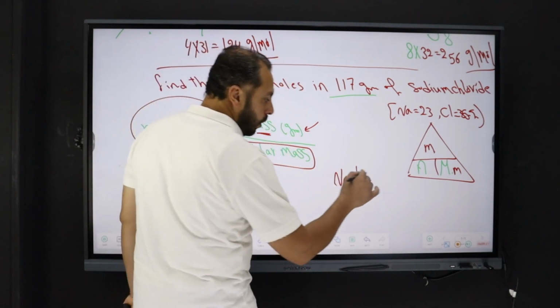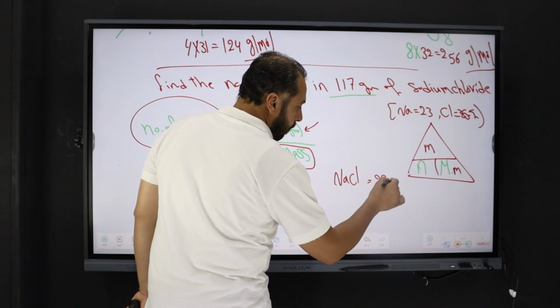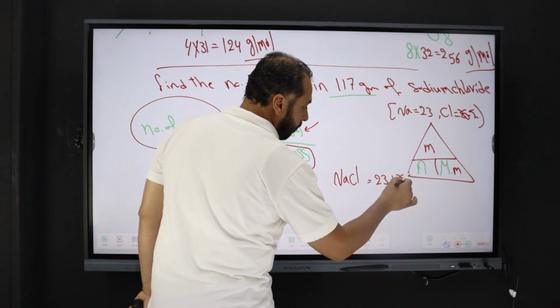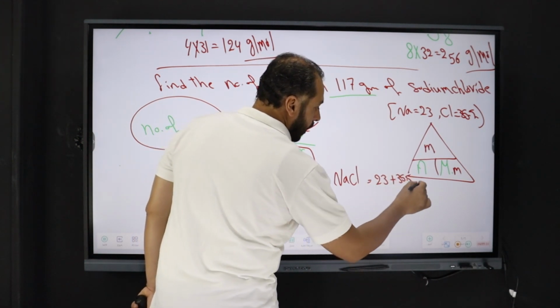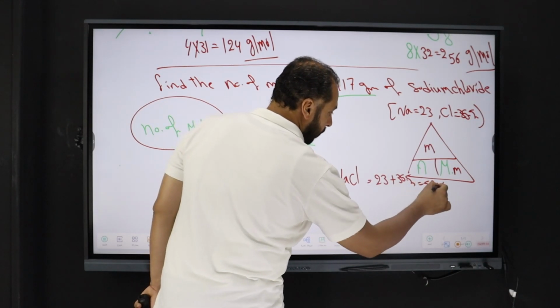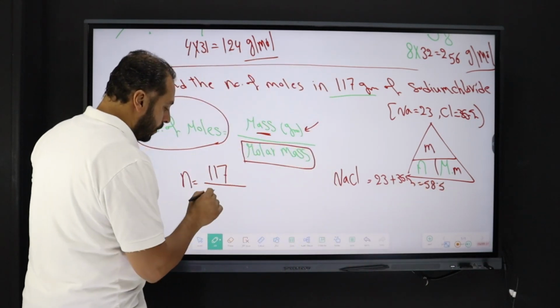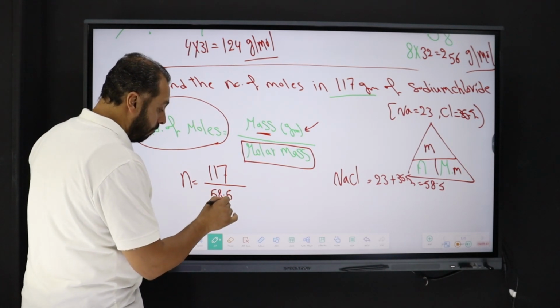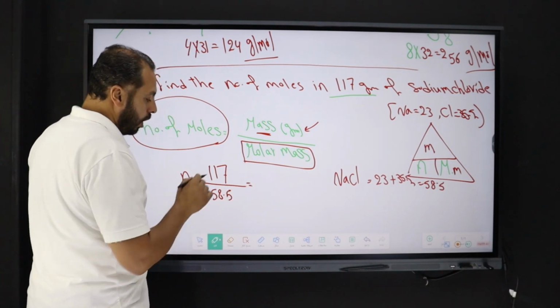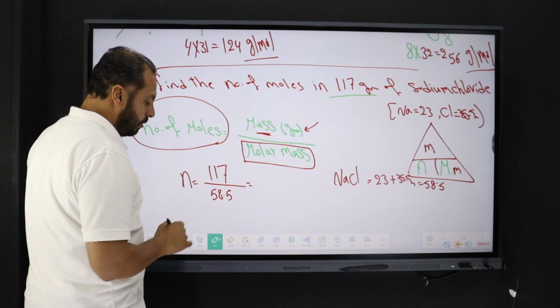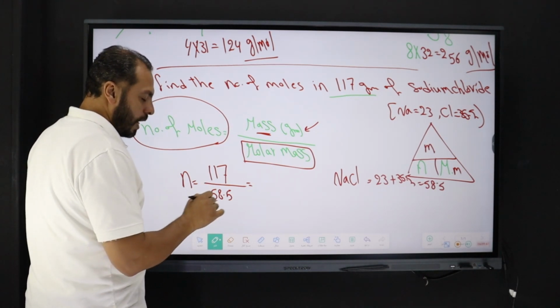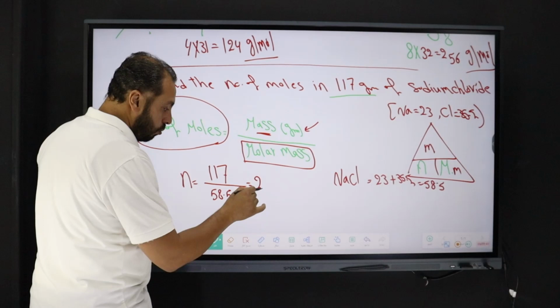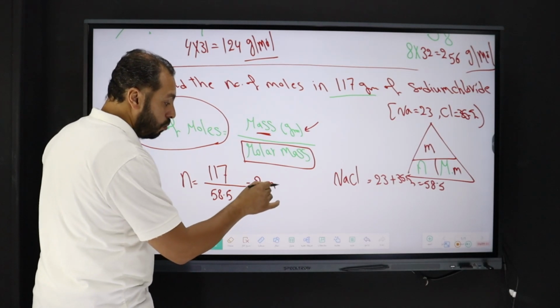Its molar mass equals 23 plus 35.5 equals 58.5. So the molar mass is 58.5. 117 divided by 58.5 equals what? 2 moles.